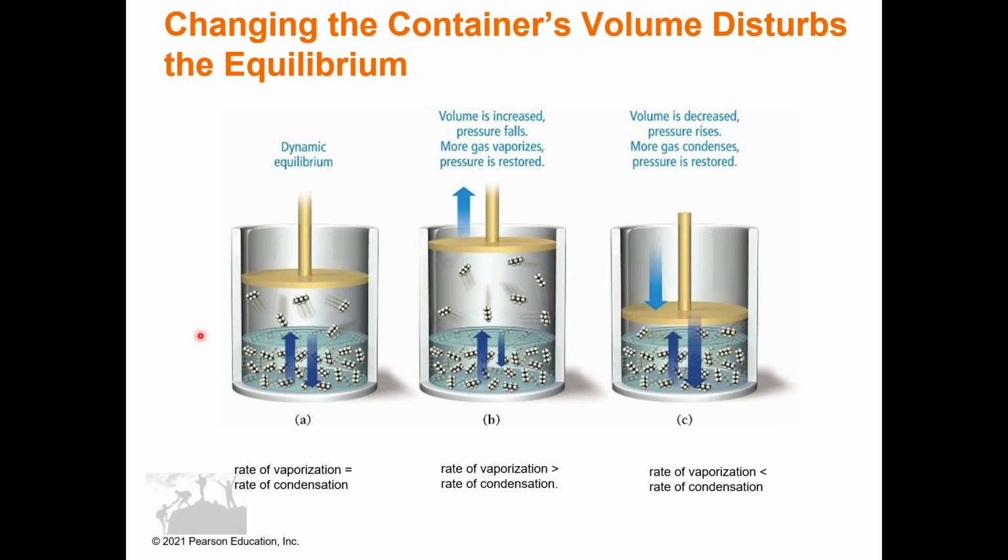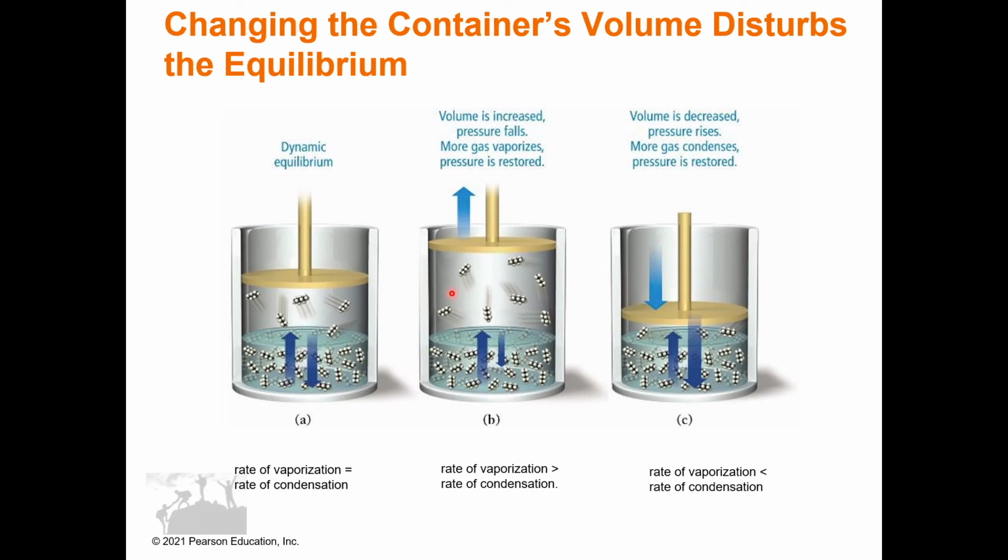So picture A shows a chamber filled with, looks like some kind of hydrocarbon in liquid form and vapor form. Now this is what happens when the volume is increased. There's not enough vapor molecules to hit the inside walls of this chamber to maintain the vapor pressure. So the rate of vaporization is going to have to increase to compensate.